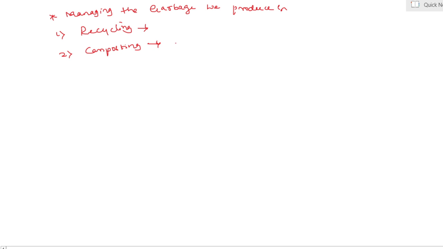It means whatever waste products are left after the process of kitchen activity, they all are buried in a pit dug into the ground. They are converted into compost and used as manure.